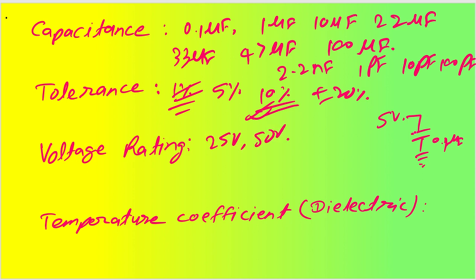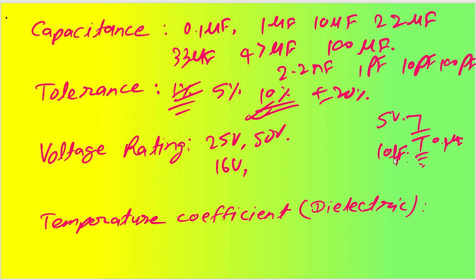If the capacitance value is a bit higher, let's say 10 microfarad, then you can go ahead with up to 16 volt or more, but definitely not 10 volt. So this is how you decide your voltage rating. You can go ahead with 25 volt also, but as the voltage rating increases, the price of the capacitor also increases.